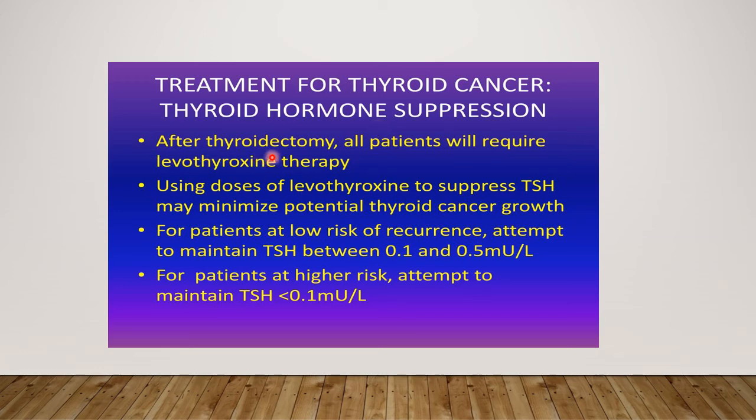Using a dose of levothyroxine to suppress the TSH may minimize the potential thyroid cancer growth or recurrence. For patients at low risk of recurrence, attempting to maintain the TSH between 0.1 and 0.5 microunits per liter is advisable. For patients at higher risk, attempt to maintain the TSH less than 0.1 microunit per liter.